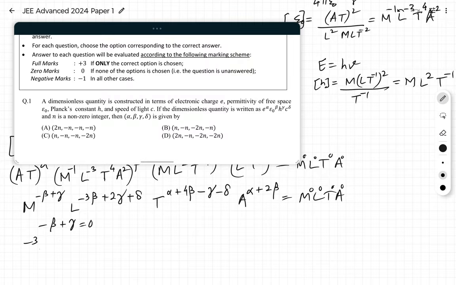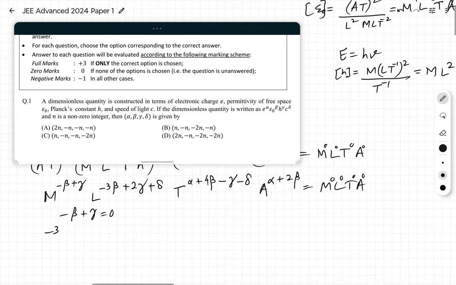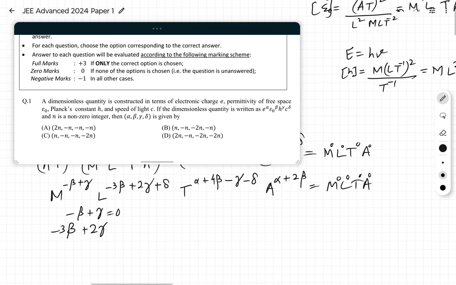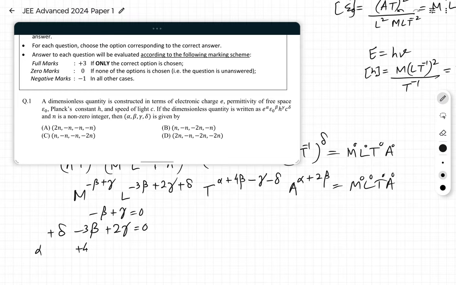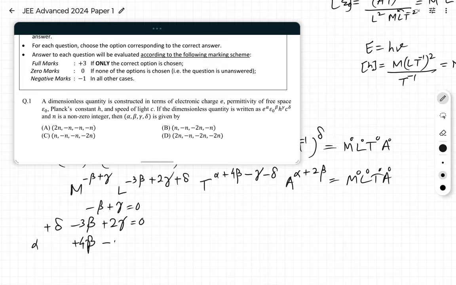Minus 3 beta plus 2 gamma plus delta equals 0. Alpha plus 4 beta minus gamma minus delta equals 0.